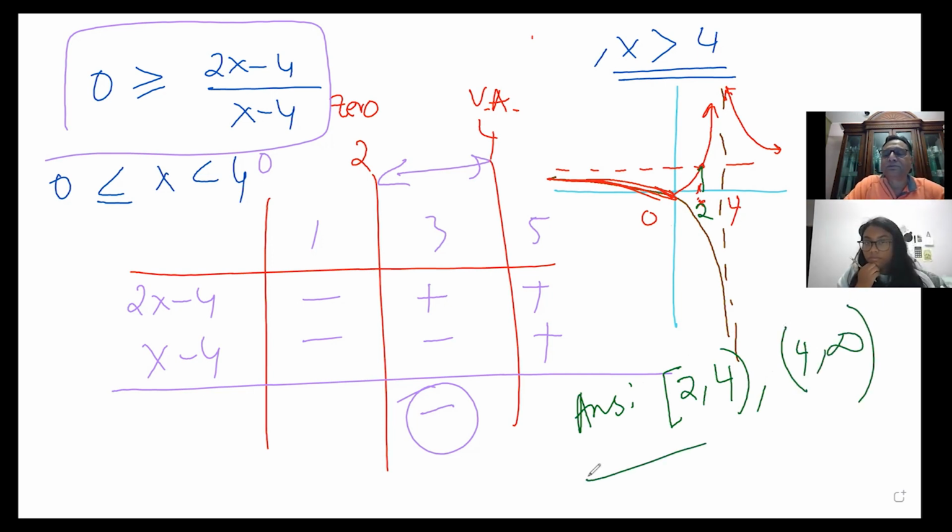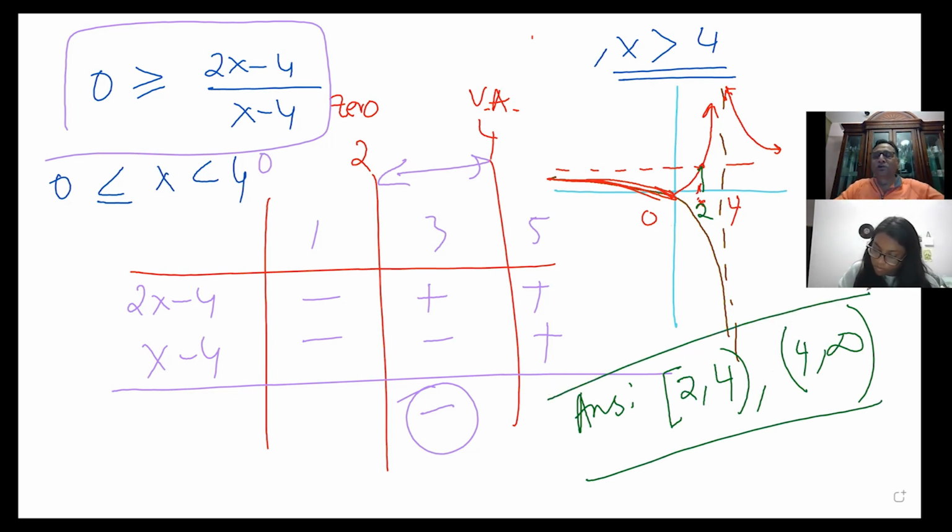Is that clear to you? That is how we are going to solve this particular inequality. Is this clear to you? Any other questions? No. Perfect. So we'll end the class here.